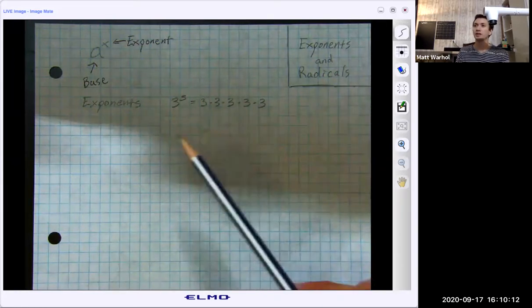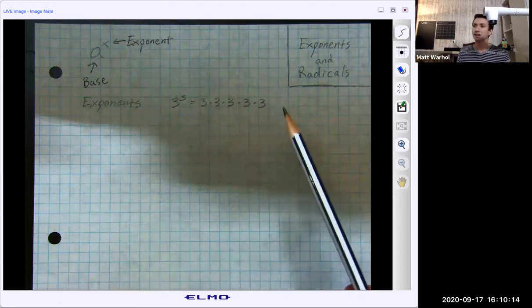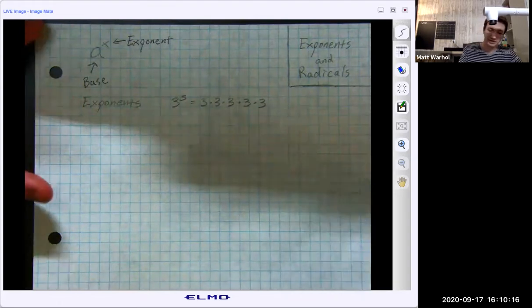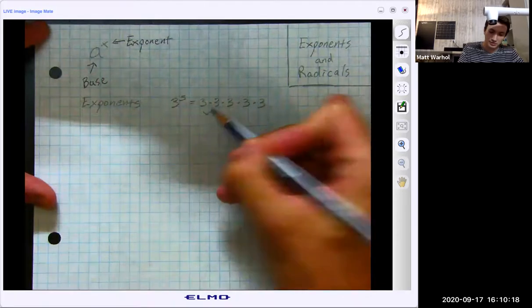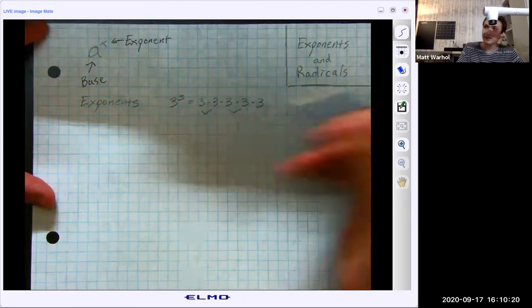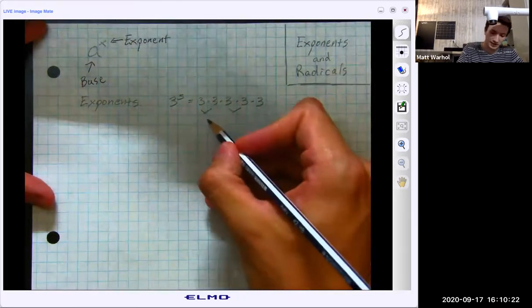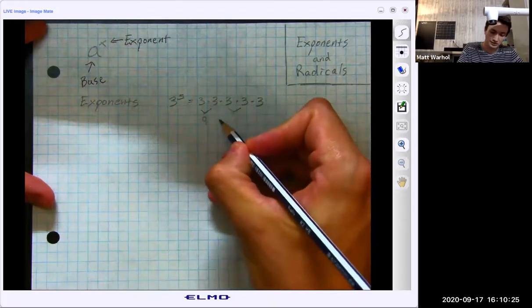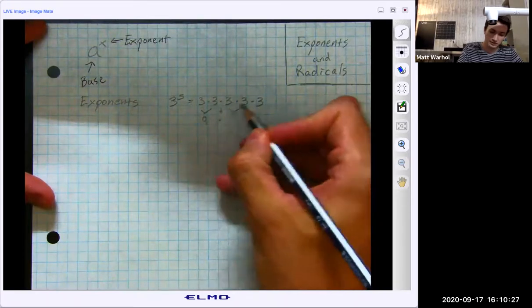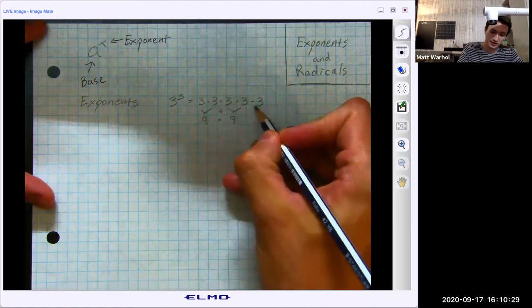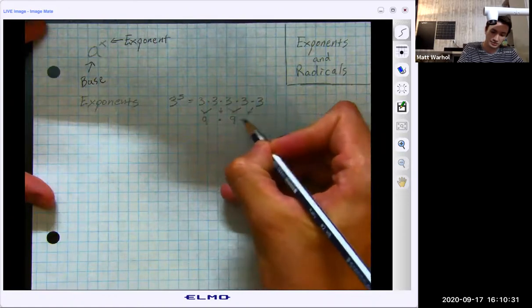So you can write an exponent in an expanded form like this, and then I can use that to help me solve it. I can break down the multiplication into its different components like this. So 3 times 3 is 9. I bring down the multiplication symbol. 3 times 3 is 9. And then I bring down the multiplication times 3.